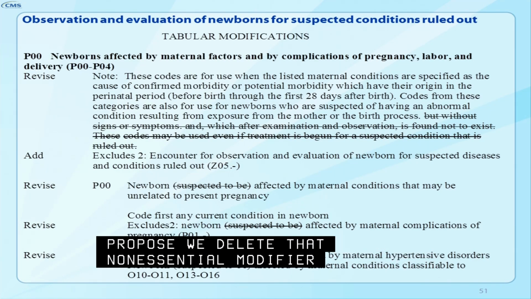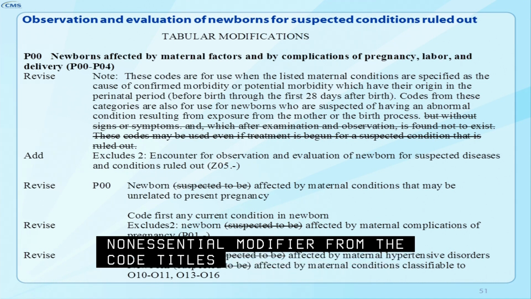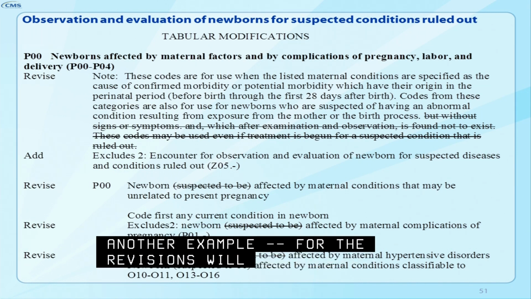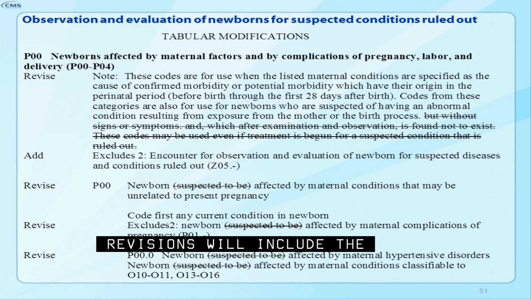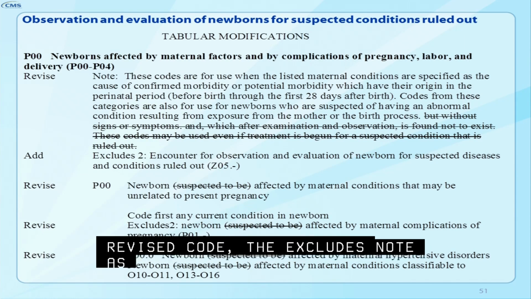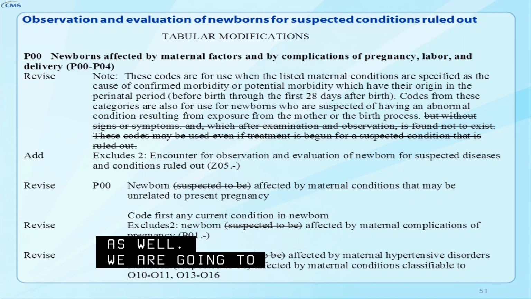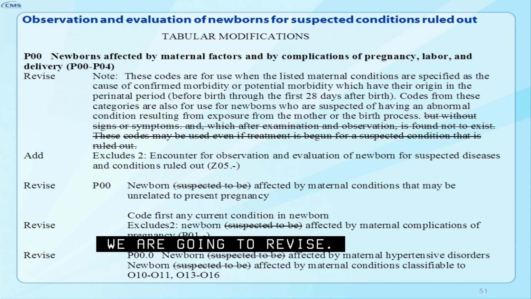Another example for the revisions will include the revised code excludes note as well. Under the excludes, we're going to revise excludes newborn suspected to be affected by maternal complications of pregnancy at the P01 point dash.